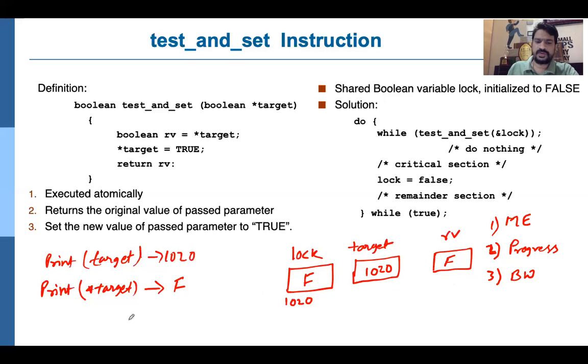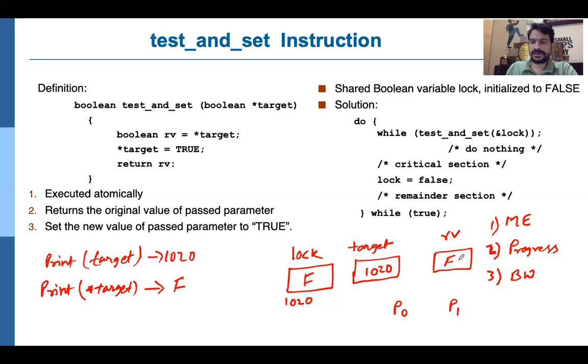Okay, so first we'll see mutual exclusion. Let's say we have two processes, P0 and P1. Let's say at the very first, P0 is executing this code. Then the lock value, which is the initial one, is false, so 1020 will be given here.